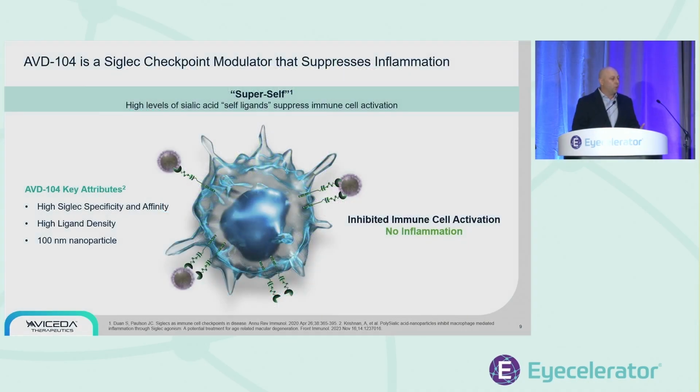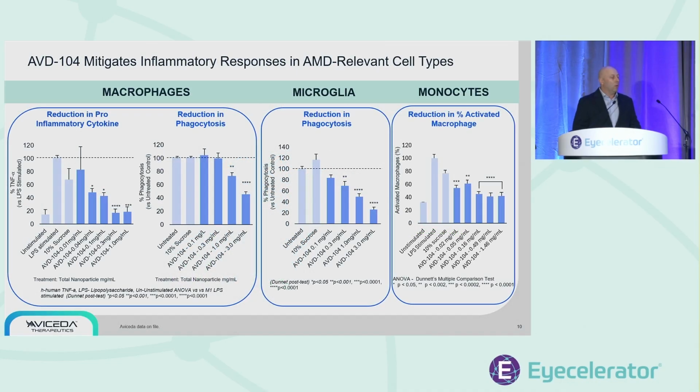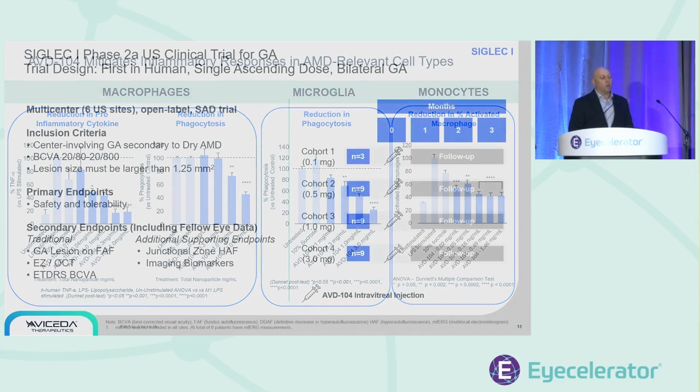So we get this super self concept where it binds to the siglec receptors and is able to shut down inflammation. When we look at the preclinical data here, we see we can not only reduce pro-inflammatory cytokines, we can reduce phagocytosis in both macrophages and microglia, but we can also stop monocyte differentiation from monocytes that are circulating in the circulatory system to activated macrophages.